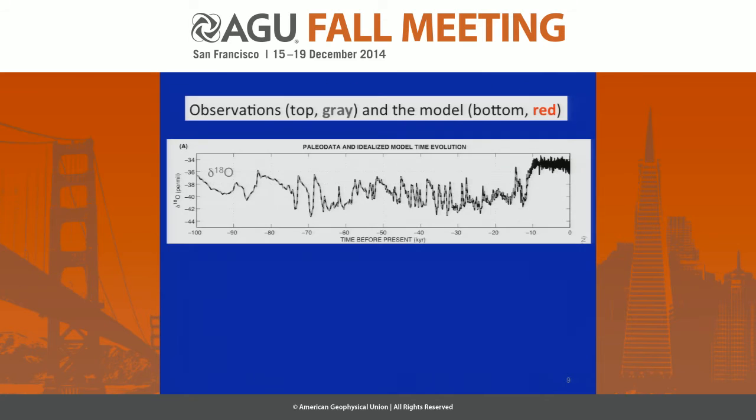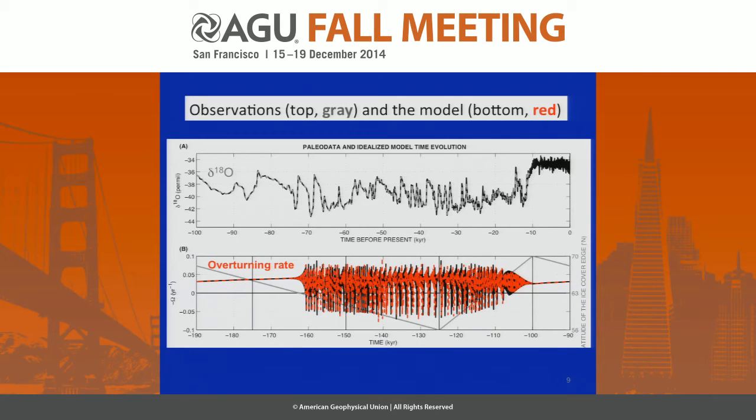So now I'm ready to show you some results. So these are the observations. And now we run the model, shifting this mean sea ice extent and changing the location of deep water formation. And this is what we obtain for the ocean overturning rate.